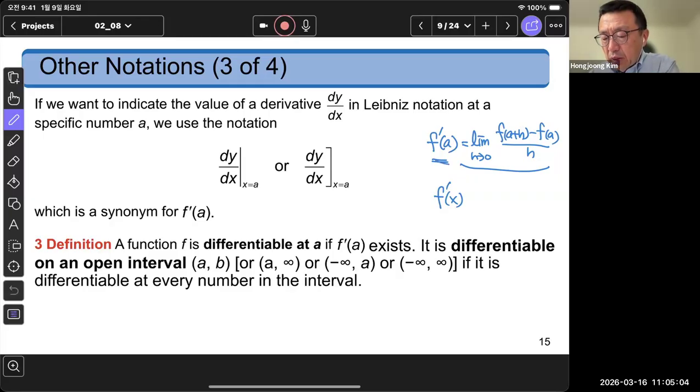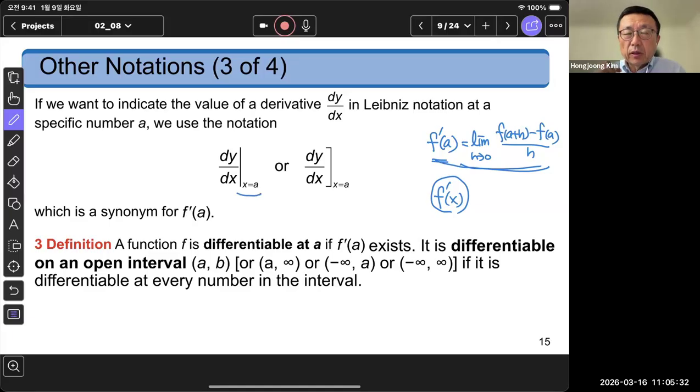So you can directly calculate f prime of a from the definition, or you can find the general form f prime of x, and then you can evaluate this function at a. Then when I follow the second approach, when I first calculate f prime of x, and then if I want to evaluate that derivative at point a, then we use this notation.